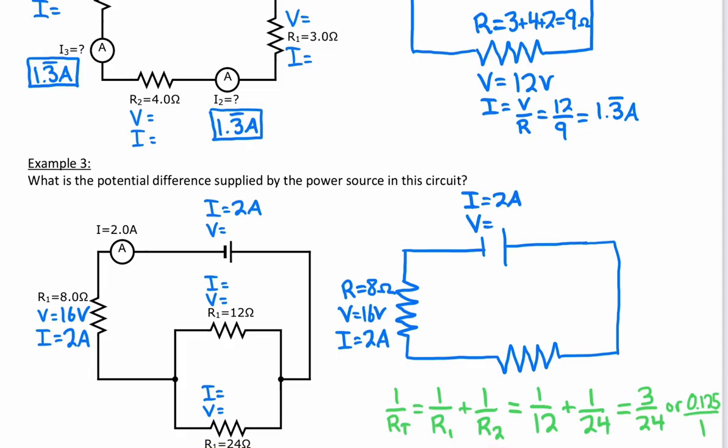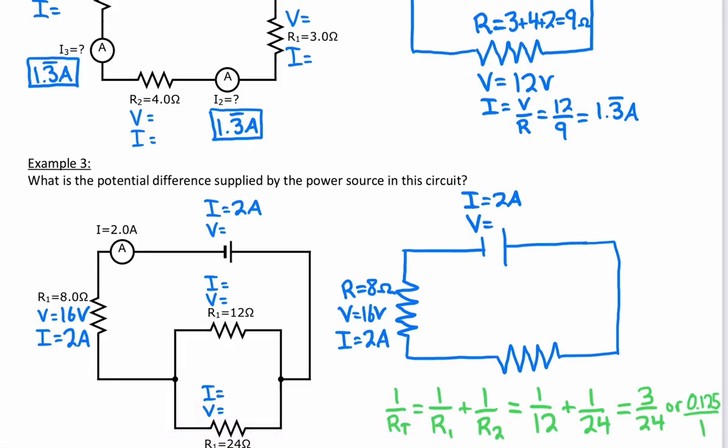If I flip both sides of that formula to get our total all by itself, I'll get our total over 1, which is just the same as our total, equals 1 over 0.125, which is equal to 8 ohms. So all that work was just to show that when I combine these two resistors together, they have a total combined resistance of 8 ohms.